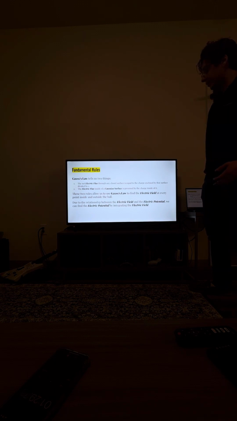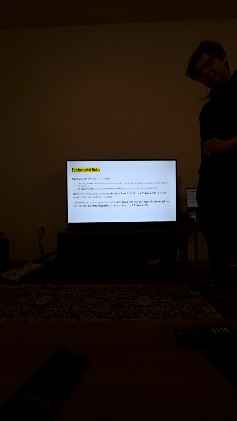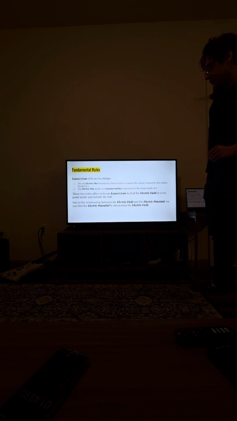And two, the electric flux inside of the Gaussian surface is governed by the charge inside of it. These two rules allow us to use Gauss's law to find the electric field at every point inside and outside of a ball. Due to the relationship between the electric field and the electric potential, we can find the electric potential by integrating the electric field.